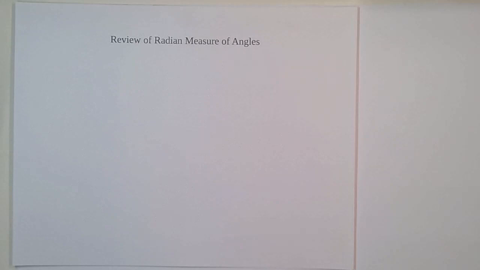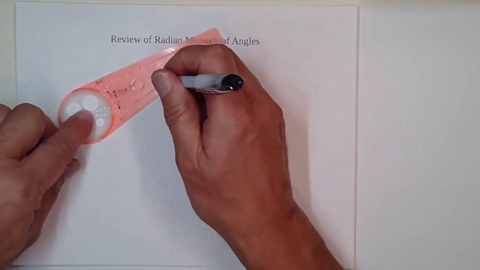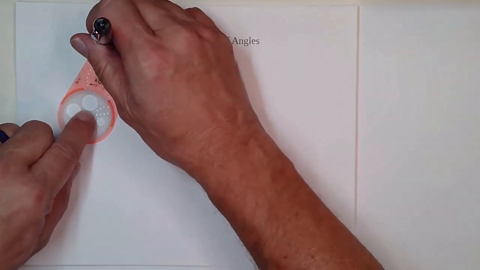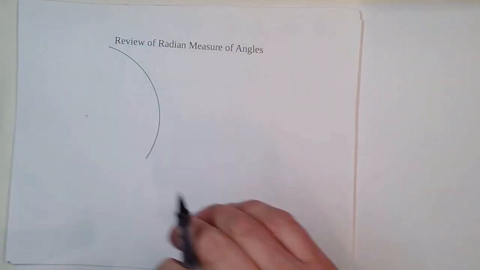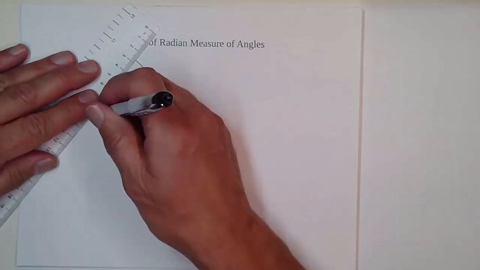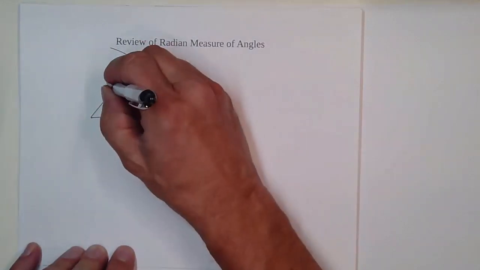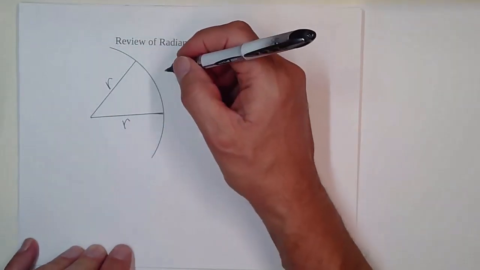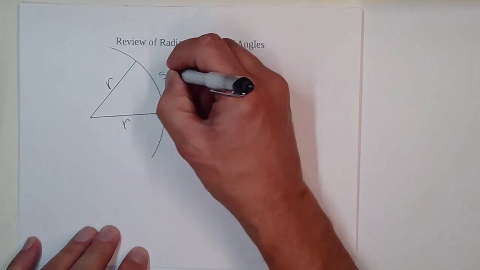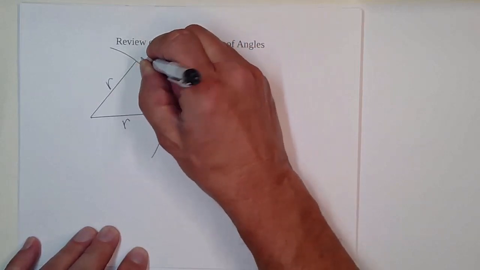A little bit of review about the radian measure of angles. Okay, and I'm going to draw a sector of a circle here and just remind you how radians are measured. This is the radius, still the radius because this is a part of a circle, and this represents an arc length here.